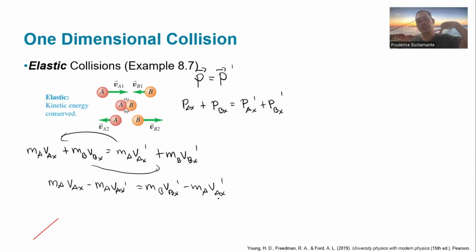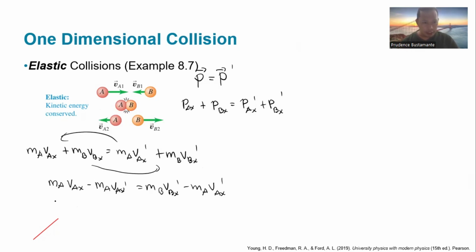Actually, we can derive a formula for this that we can use, but I do not advise it, because formulas, especially long formulas, are easily forgotten. That's why you need to know how to derive formulas in dealing with elastic collisions.